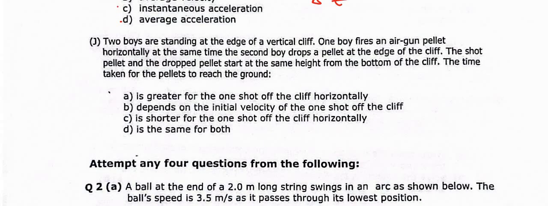They're saying two boys are standing at the edge of a vertical cliff. One boy fires an air gun pellet horizontally. At the same time, the second boy drops a pellet at the edge of the cliff. The shot pellet and the dropped pellet start at the same height from the bottom of the cliff. The time taken for the pellets to reach the ground is going to be what?